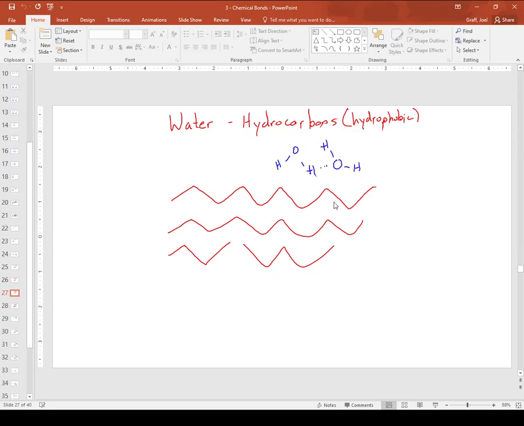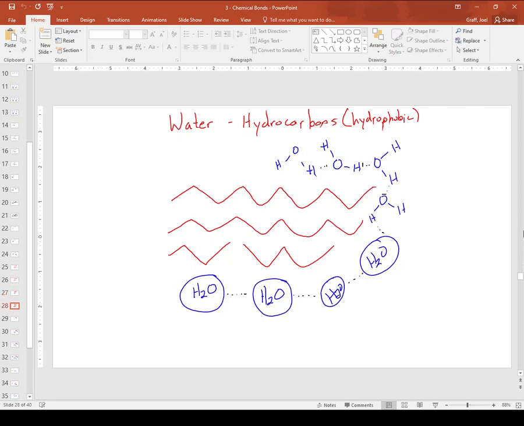Bring in another water molecule, and this water molecule will interact with this other water molecule, and they're still essentially ignoring any sort of interaction with the hydrophobic material in this solution. And you can go ahead and continue to add water molecules around this lipid drop.